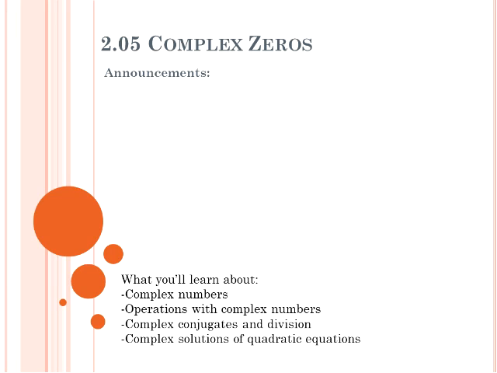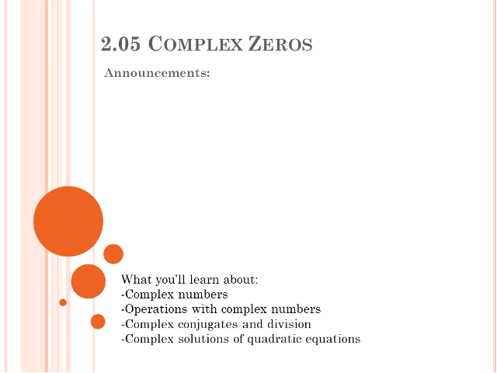So last week we started reviewing all the different steps on how to solve those higher degree polynomials, and today we're going to continue with that. So we're going to take a look at what happens when we run into those complex zeros. Before I get started though, were there any questions with last week's work?